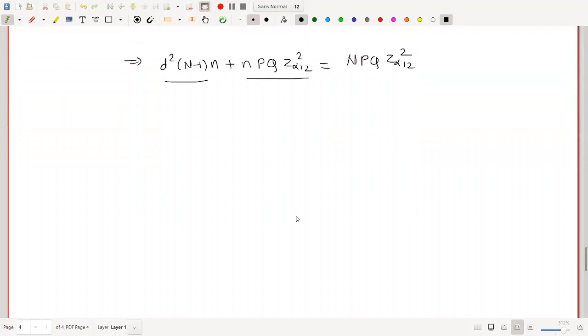So after taking small n common, in bracket there will be d square (N − 1) plus PQ z alpha by 2 square, which is equal to N PQ z alpha by 2 square.